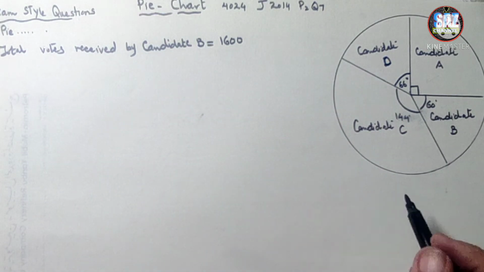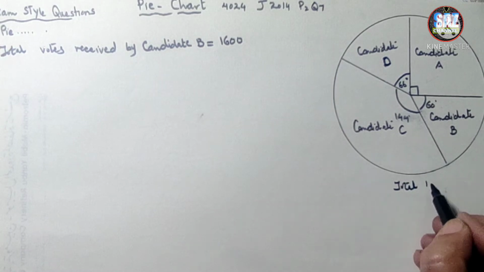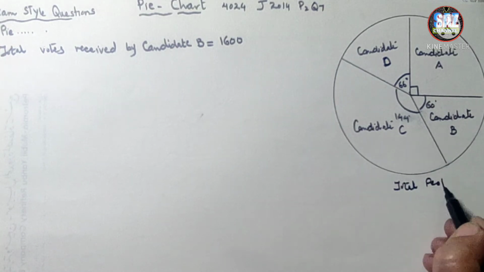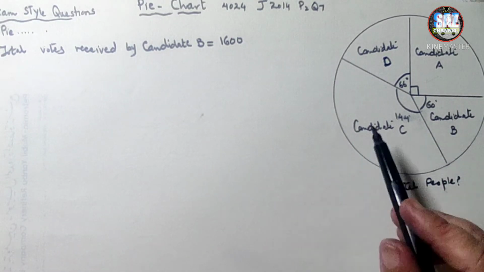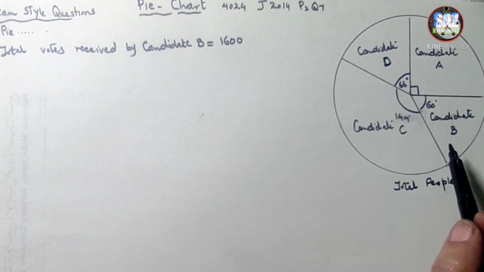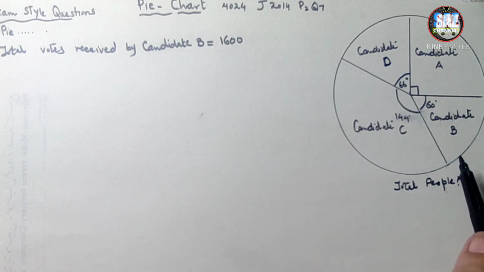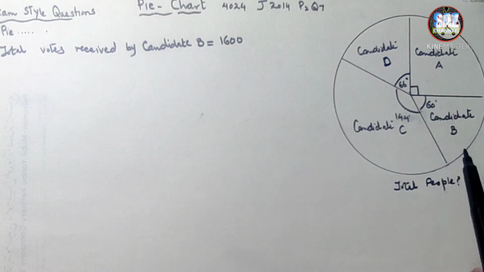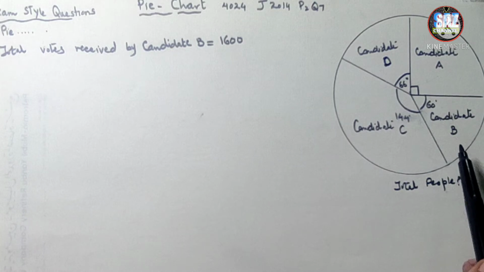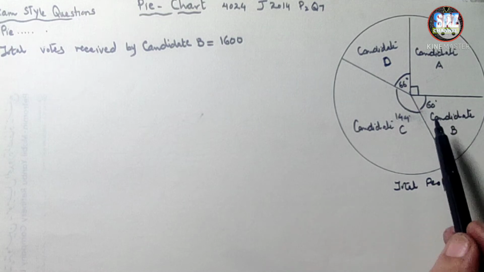The requirement of the question is total people in the survey. So how to find the solution of this situation? Look, we are not given any information about the number of candidates. We are given the information about the angular turn of those sectors or those candidates. So in order to find the total number of people, we have to see that for 1600 people, what is the angular movement of that.